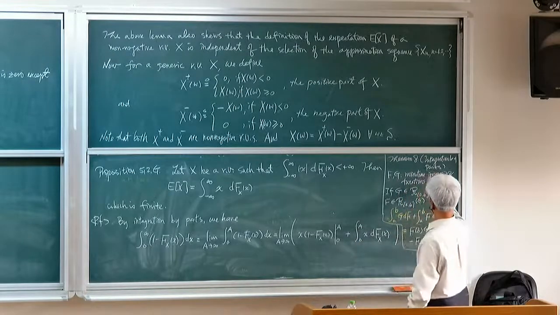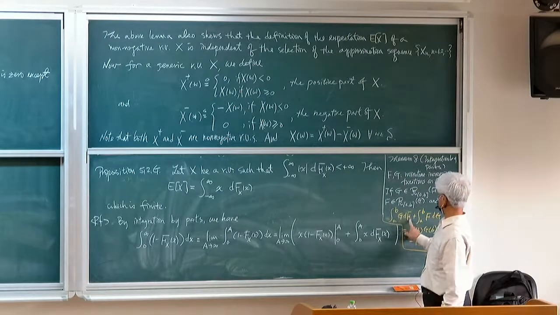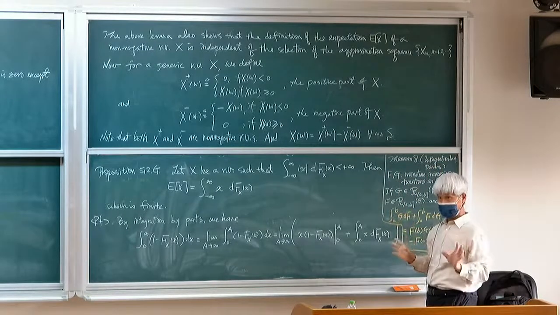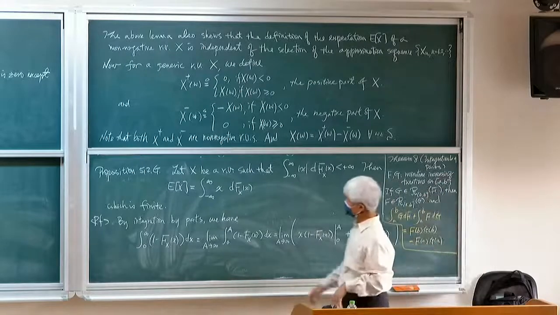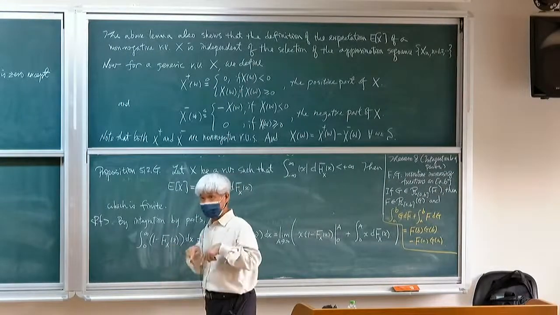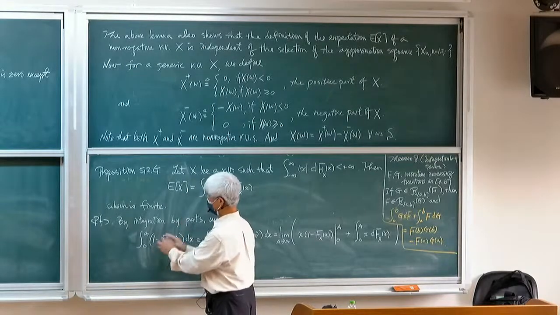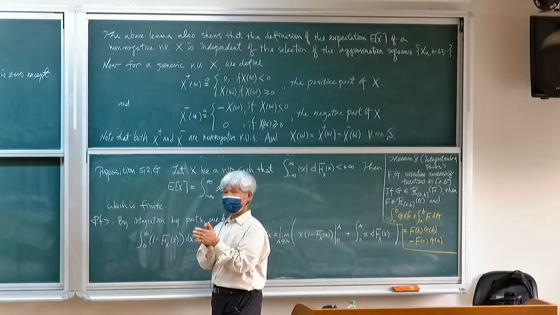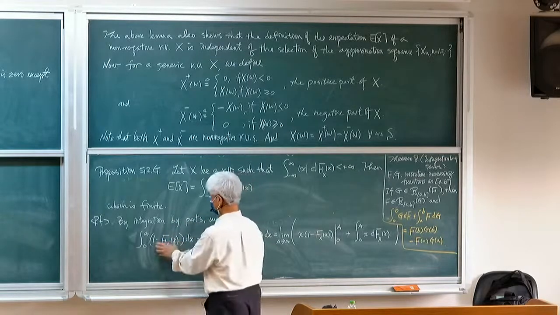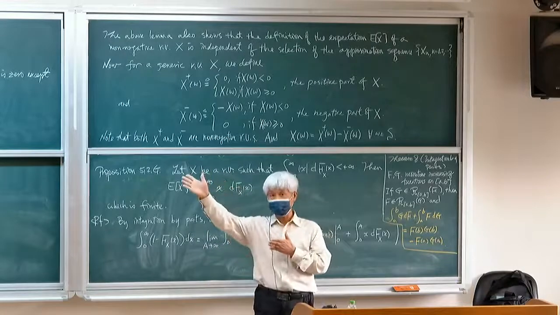So we require the integrand and the integrator to both be monotone increasing. But look here: this is monotone decreasing, because when x goes up, the difference becomes smaller and smaller. But x, a linear function, is monotone increasing.